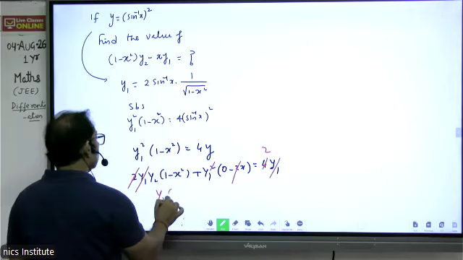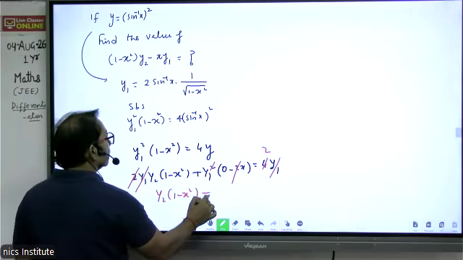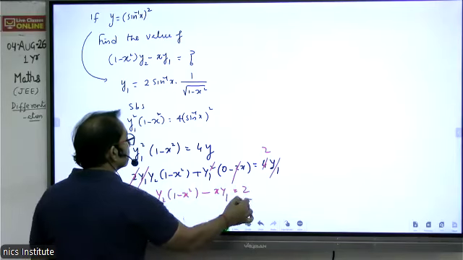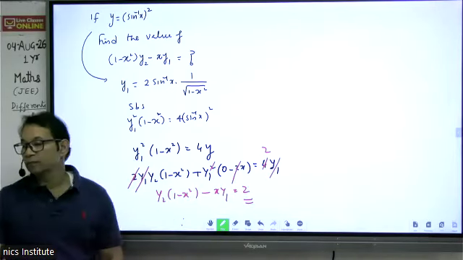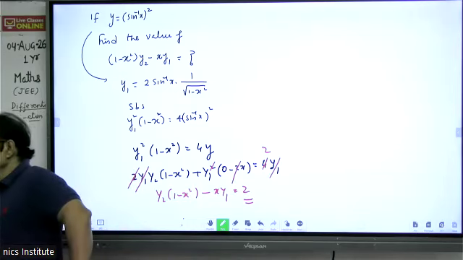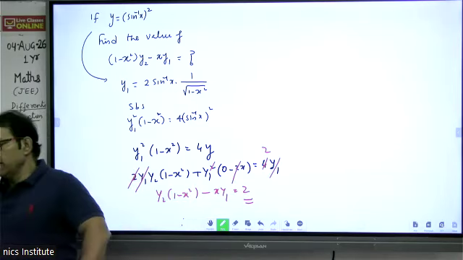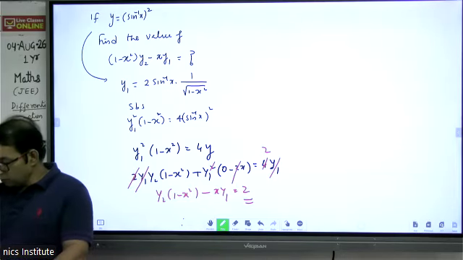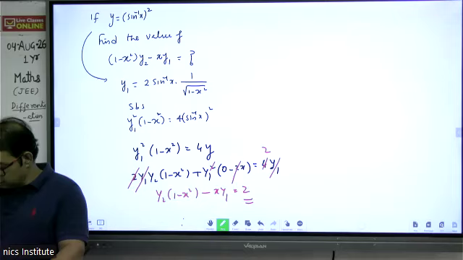So y2 into 1 minus x square minus xy1 is equal to 2. Answer is 2. So we differentiate and again square it, square करके again bring in terms of y square, y sorry.